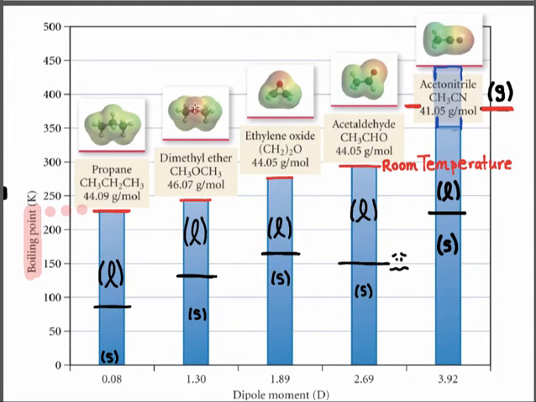This one doesn't have any big red regions, so I'd say the propane is not very polar. It has a very small dipole moment. This one, stick an oxygen in the middle. That makes it slightly more polar, and this one would have a larger dipole moment.